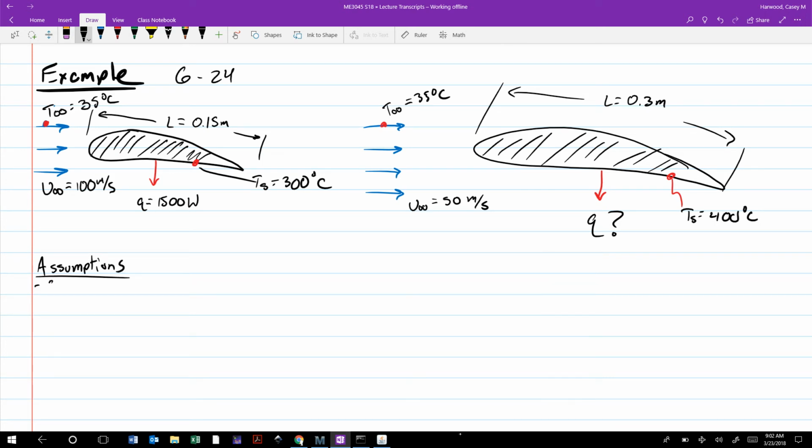So the assumptions here: we're going to assume that this is steady state. As usual, we're going to say that both blades are of the same material and are operating in the same fluid.